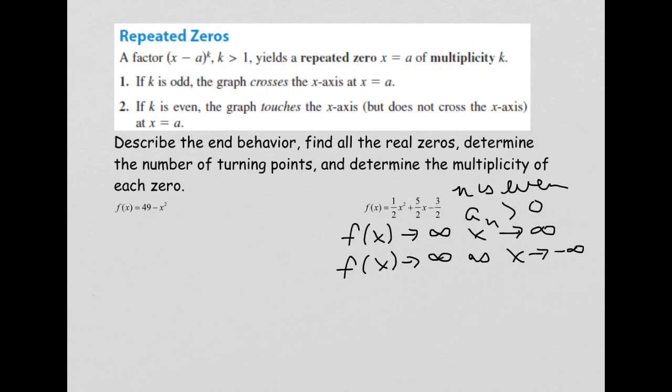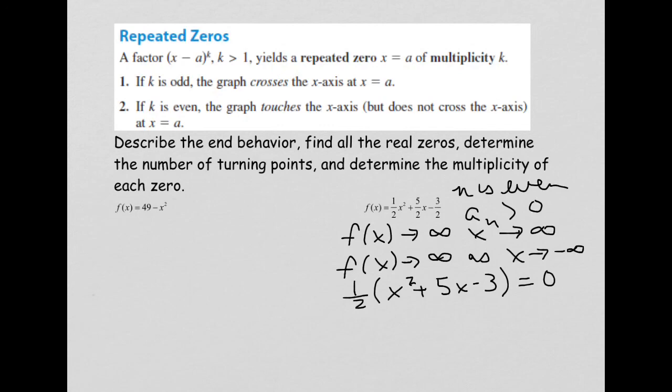Okay, next thing we need to do is find the real zeros, so we factor. So first thing I would do would be factor out the 1/2, and that gives me x squared plus 5x minus 3 equals 0. Okay, as we can see, that is not easily factored, so we're going to have to plug it into the quadratic formula.